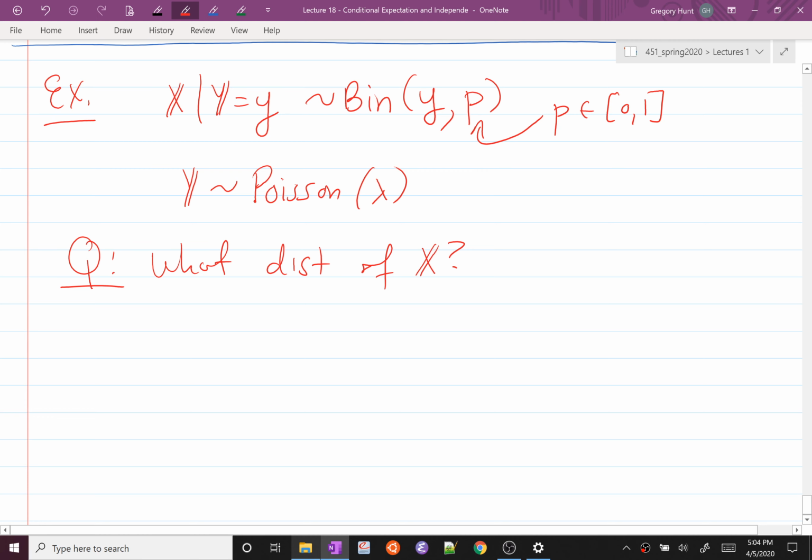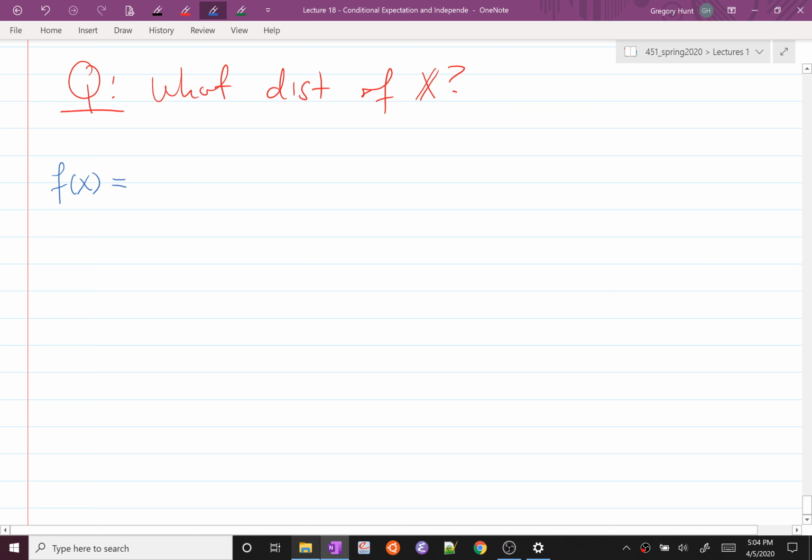Okay, so let's look at this. I want f of x, which is, in this case, x is discrete. So this is just the PMF, or the probability x is equal to little x, right? And I can get this marginal by summing, by my law of total probability.